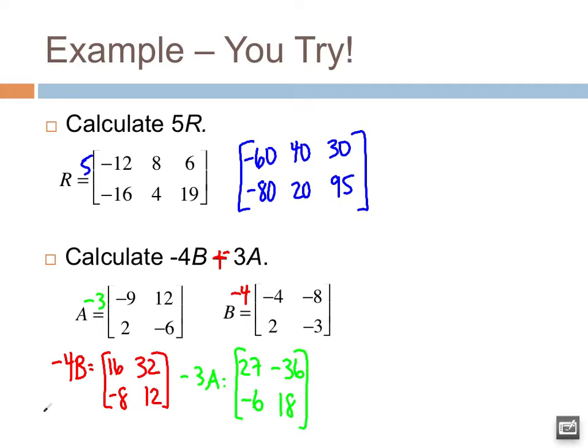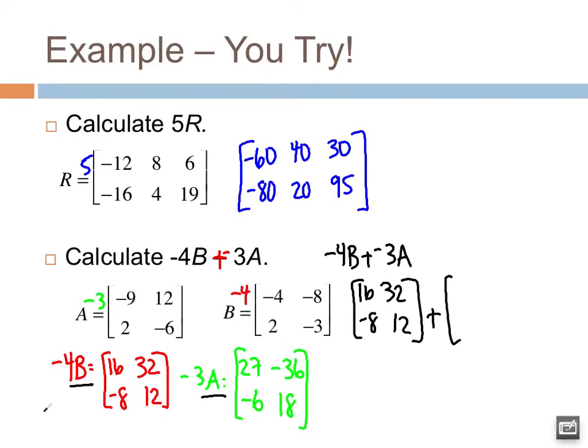So now for my final answer, I want to do negative 4B add negative 3A. So I have my negative 4B here, my negative 3A here. I'm just going to rewrite them. And then negative 3A is 27, negative 36, negative 6, and 18.